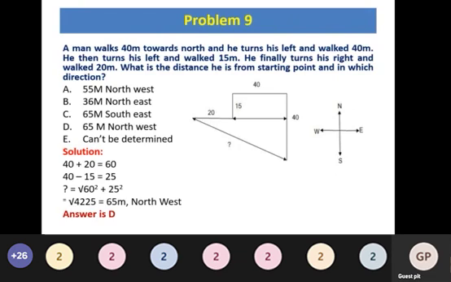The options are A 55 meters northeast, B 36 meters northeast, C 65 meters southeast, D root 65 meters northeast, and E can't be determined.